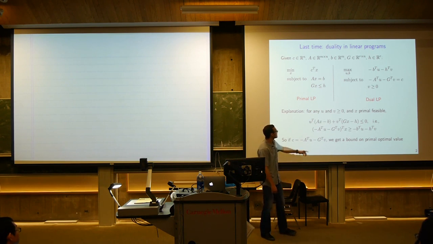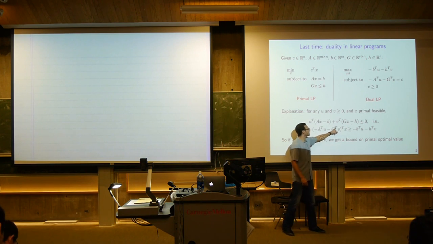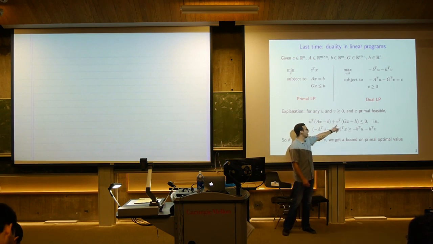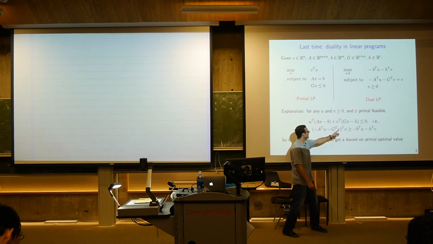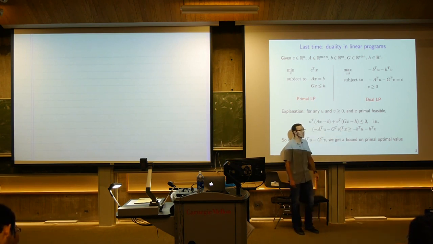As long as v is non-negative in each component and u is anything, this is true for all feasible points x. U transpose (Ax minus b) is 0 because Ax minus b is 0 when x is feasible, and v transpose (Gx minus h) is non-positive, because this one is less than or equal to 0 in each component and v is bigger than or equal to 0 in each component.